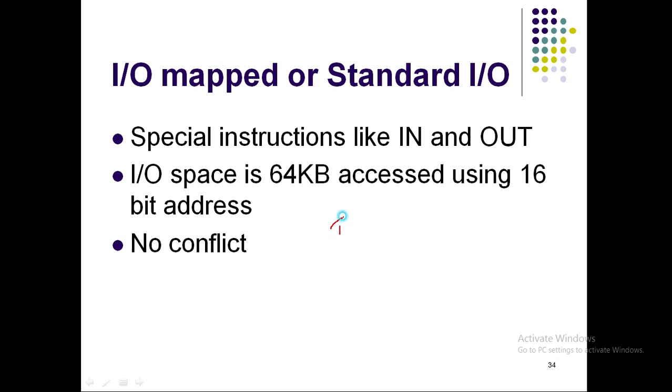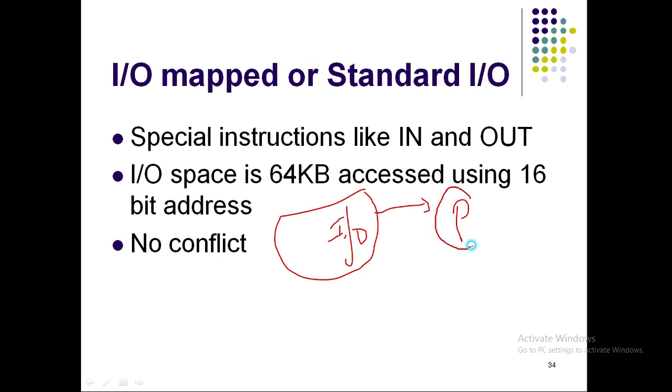For example, suppose this is my IO device, and I want to move something from this IO device to the processor. Move is nothing but MOV; I want to copy from this IO device to the processor.